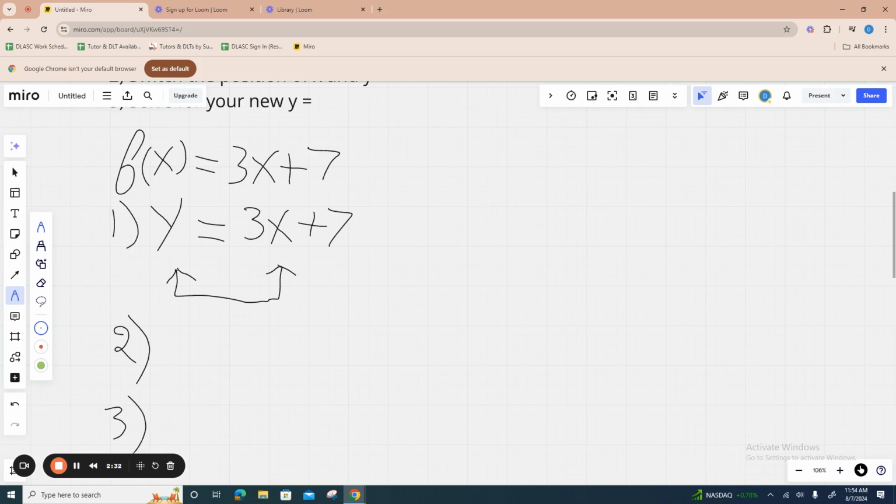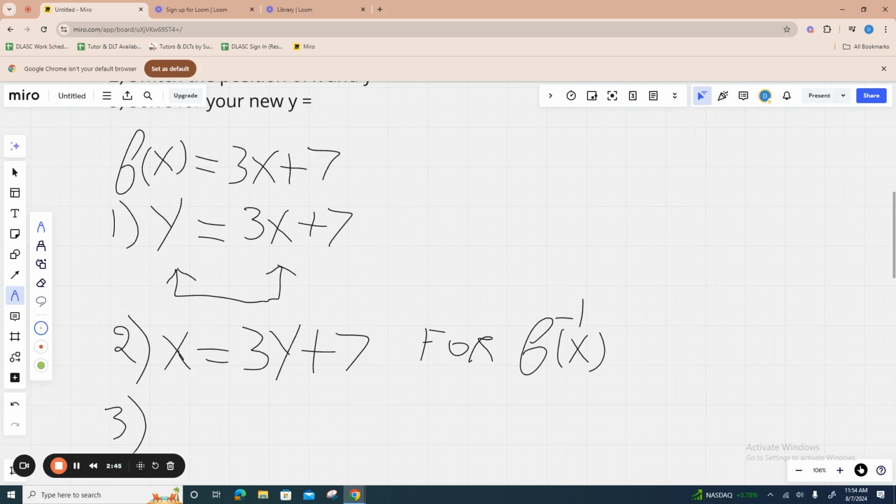We're switching the position of x and y for the inverse. And the way you write the inverse is f minus 1. You have to say what you did because you can't say that those 2 equations are equal to each other once you switch the x and y. So that's for the inverse.